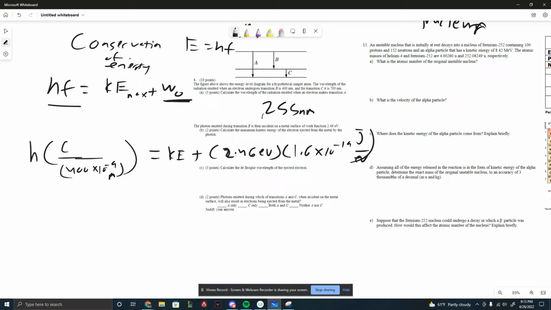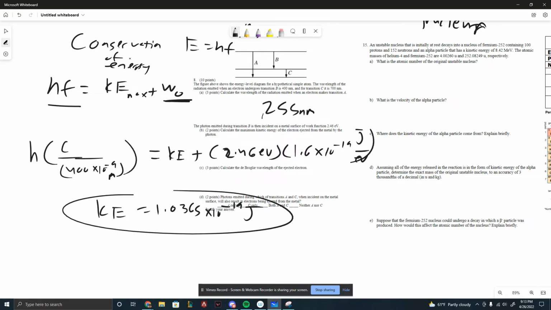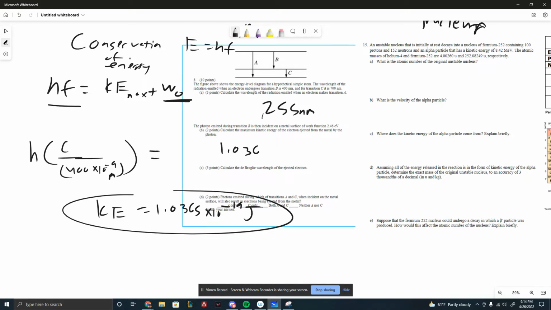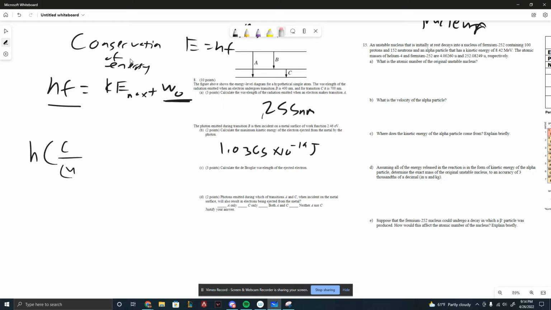And so, sorry about that, guys, your kinetic energy is going to be equal to 1.0365 times 10 to the negative 19 joules. Let me erase this and put that there. Okay, so that's part B.